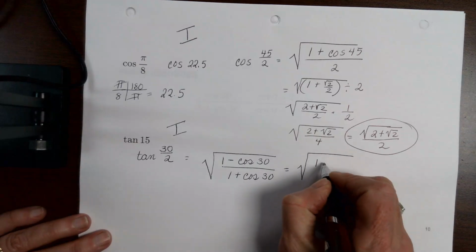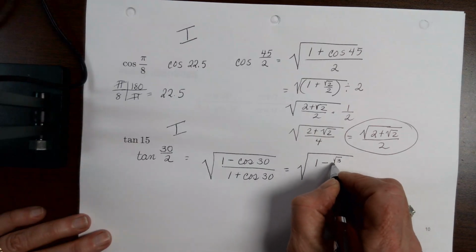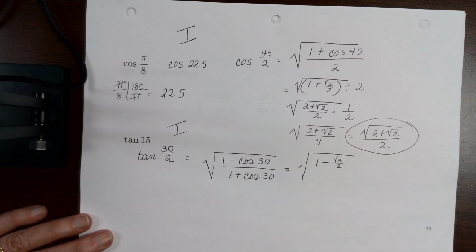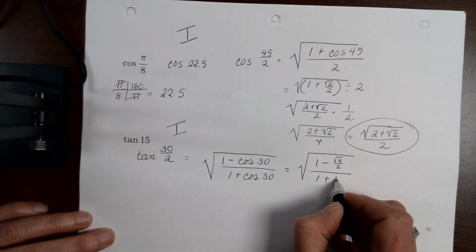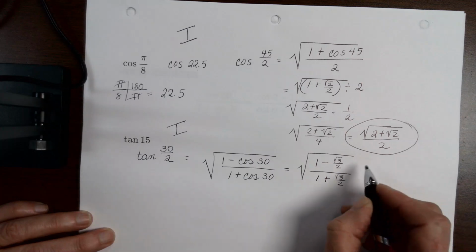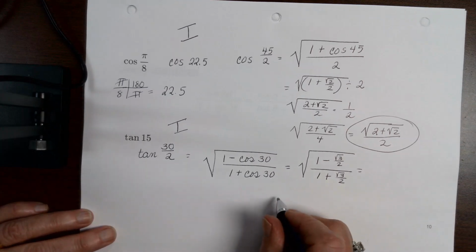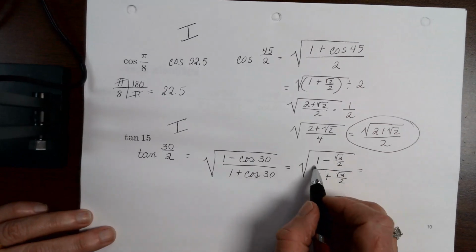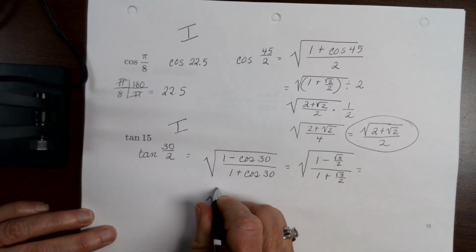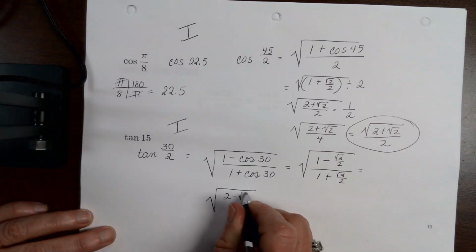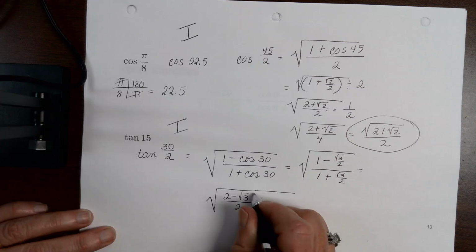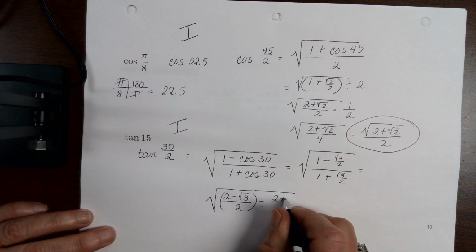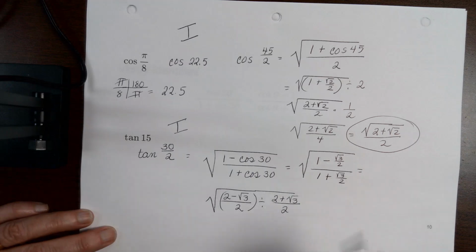So this is 1 minus the square root of 3 over 2, and this one is 1 plus the square root of 3 over 2. So when I work this thing out, let me come back over here. I've got to change this to 2 over 2. So I have the square root of (2 minus the square root of 3) over 2, divided by (2 plus the square root of 3) over 2, when I do a common denominator there.